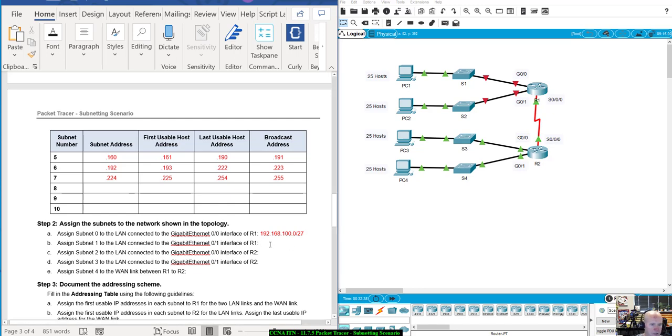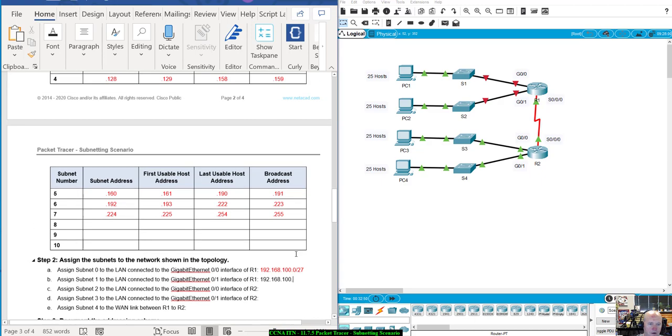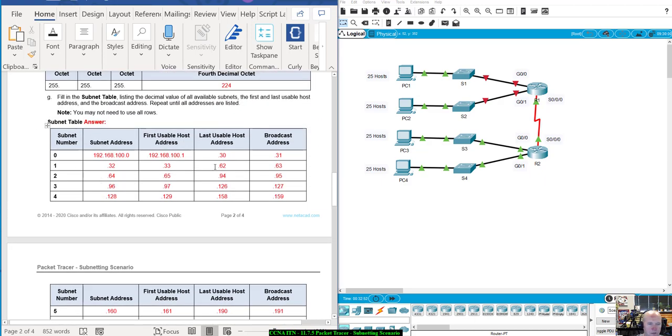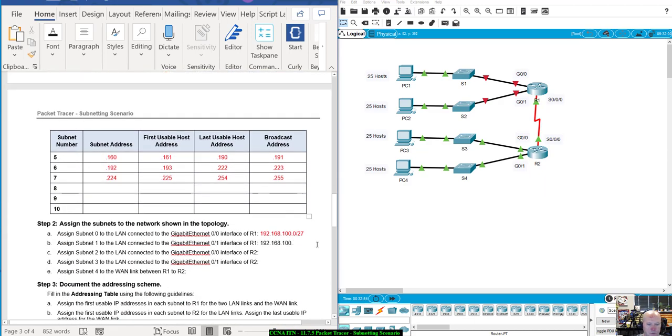All right, gigabit 0/1. So these are all going to go in order. Now you have to look up here and say, okay, 32, /27.